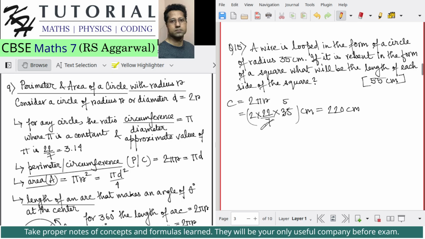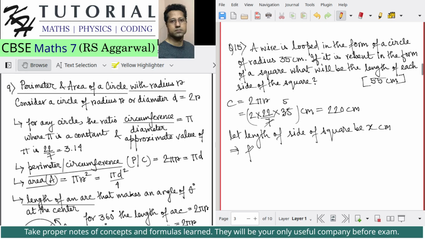So let's say the length of each side of the square is x centimeter. So let length of side of square be x centimeter.